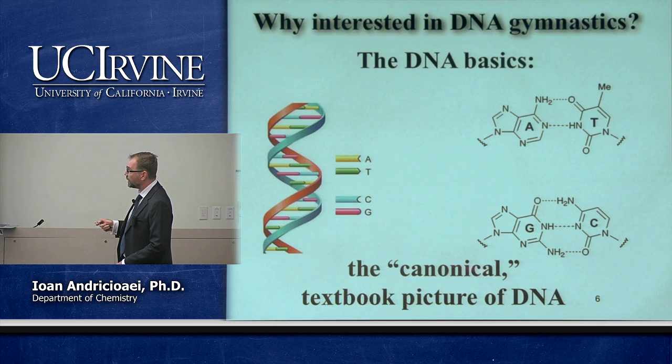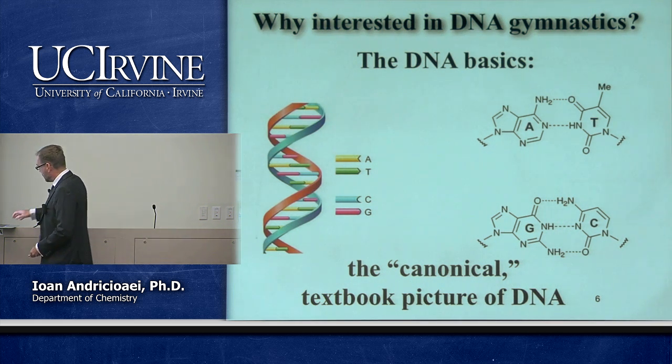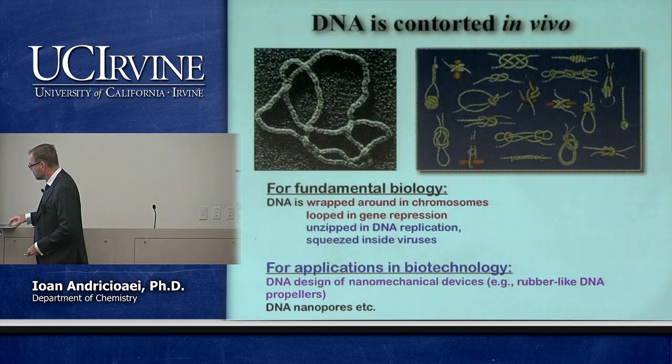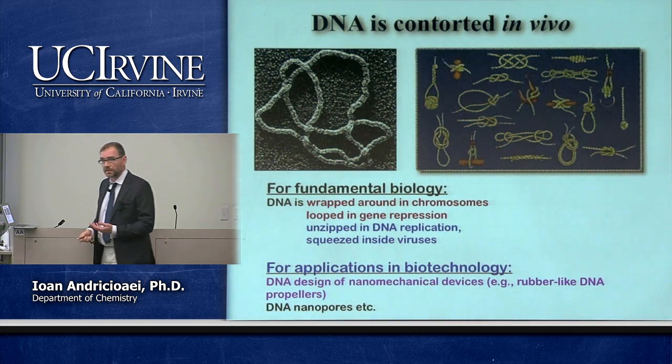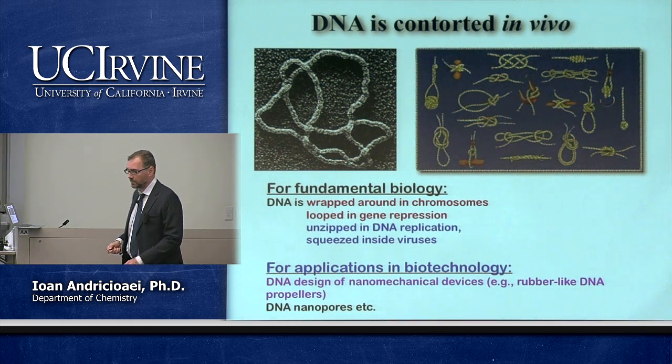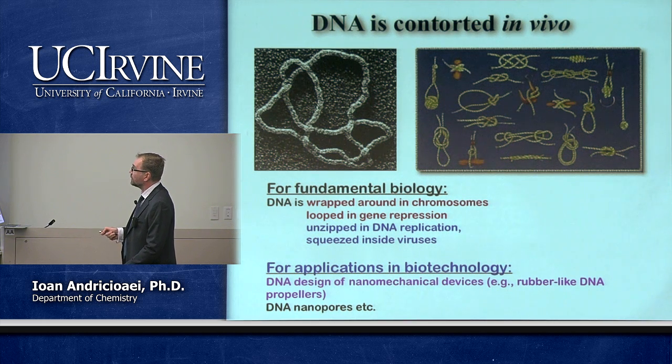So the canonical picture of DNA, the one you always see in molecular biology textbooks, is that of a perfect double helical strand with A pairing with T always like this, and C pairing with G always like this. So you have 2 hydrogen bonds here and 3 hydrogen bonds. And that's fundamentally the description of DNA on the local scale.